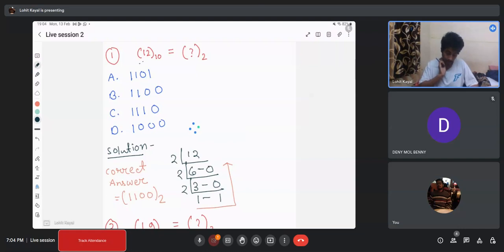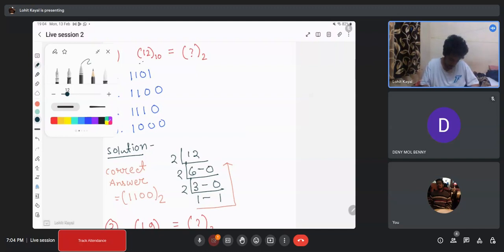Here the decimal number is given, that is 12, and we have to convert it to the binary number that the computer can understand. There are four options: 1101, 1100, 1110, and 1000. So how to solve this problem?